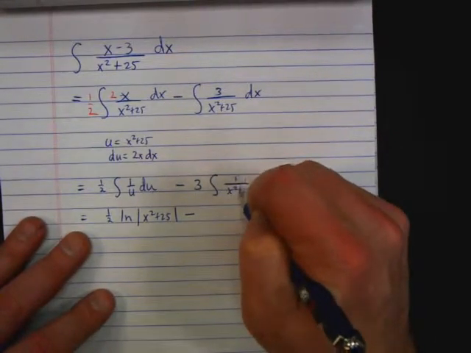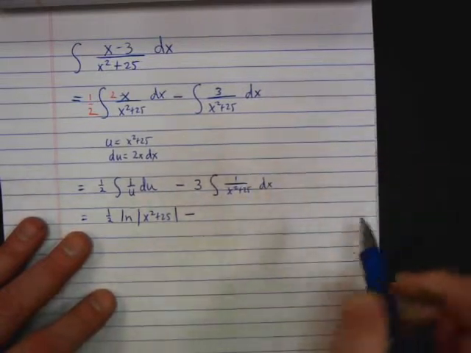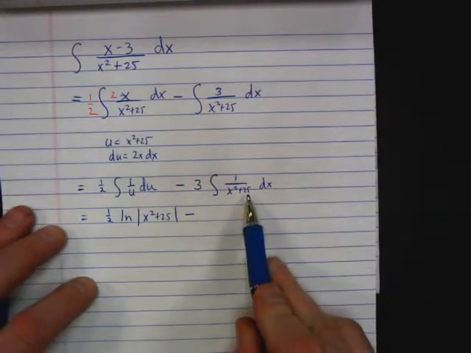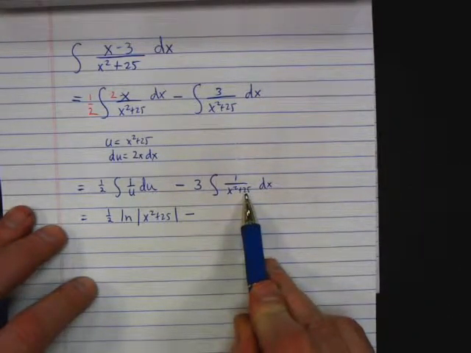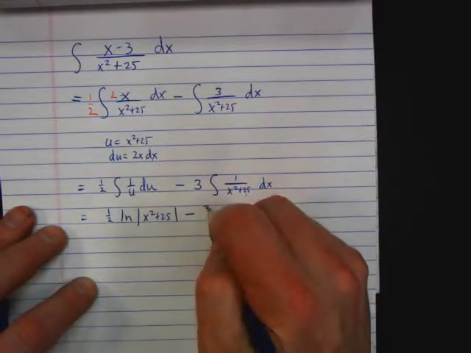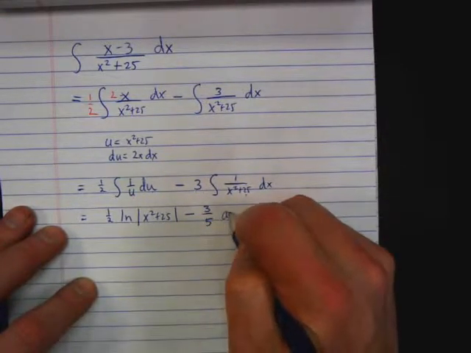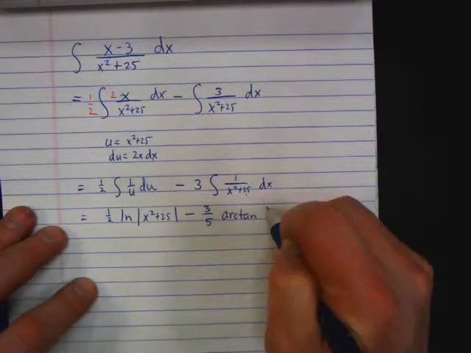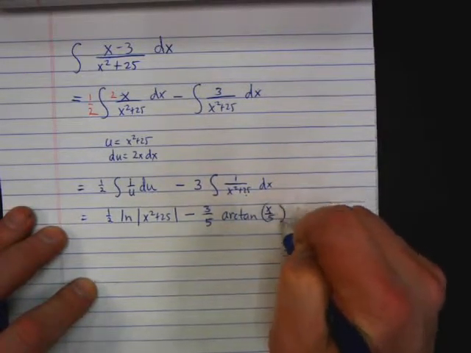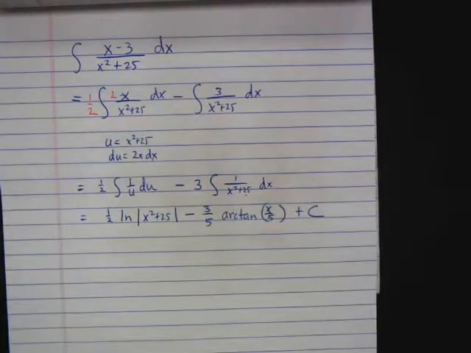That fits into the arctan, where a is the number 5. So we're going to have 3 over 5 arctan x over 5 plus c. Questions on that one?